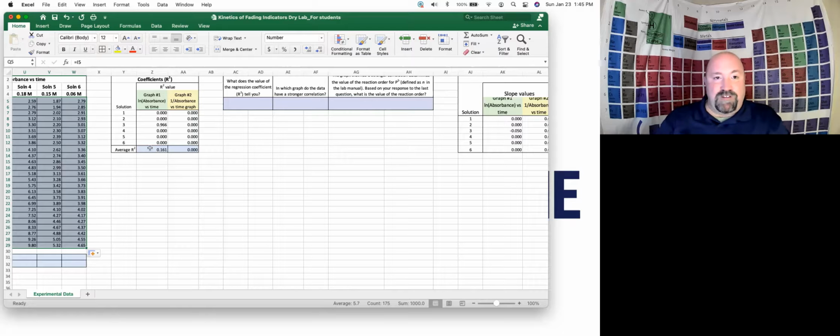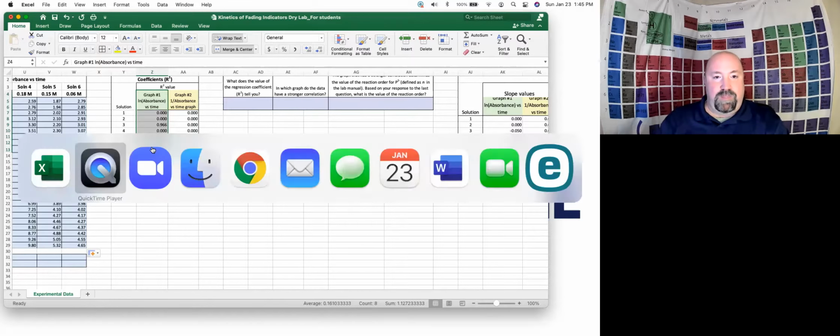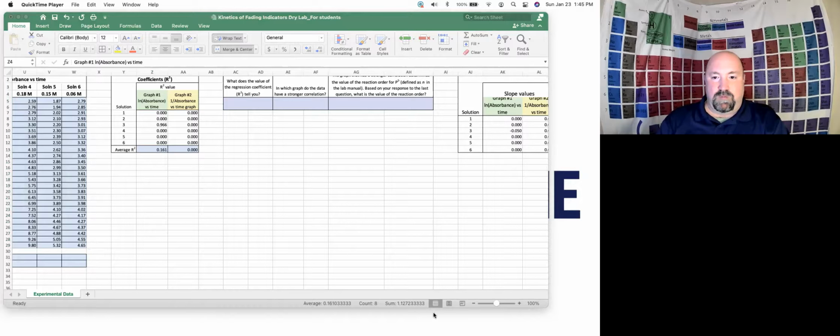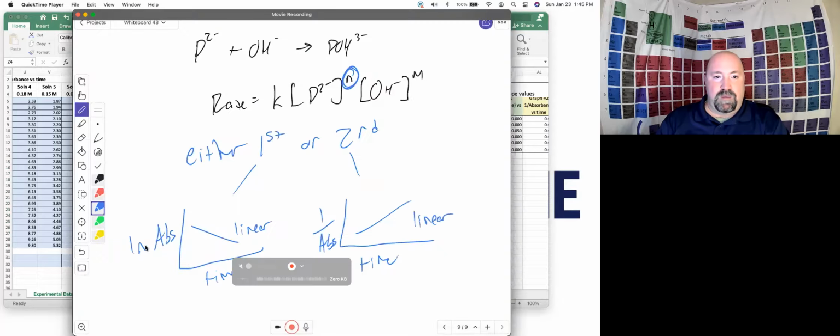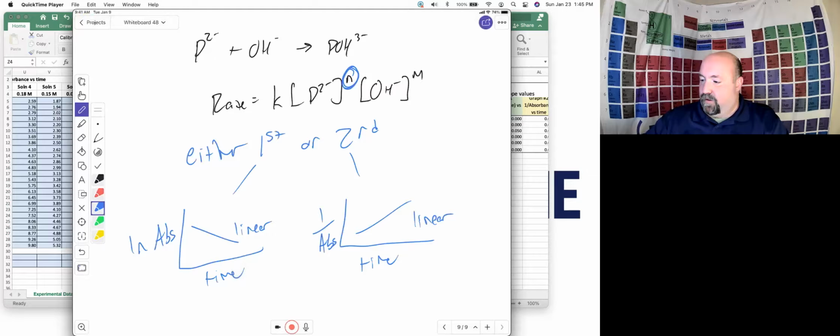And so let's say, for instance, after you go through all of that with both of these graphs, you find that it's this graph 1 here, that this average value right here is closer to 1 than this one is, then that tells you that what we are dealing with is this situation right here, where we have phenolphthalein. Again, if you find that that one is the more linear curve for all 6 solutions, then that tells you that the reaction with respect to phenolphthalein is first order.